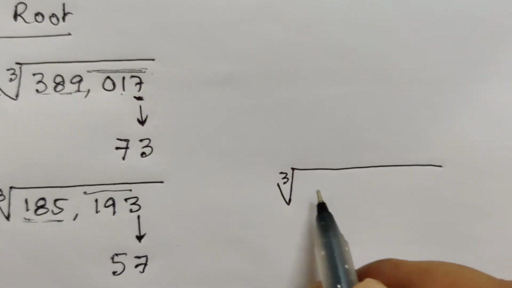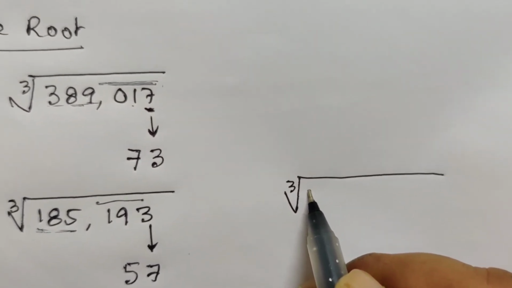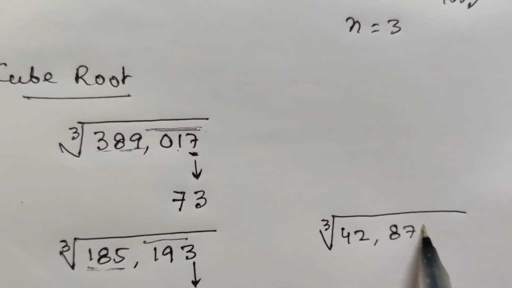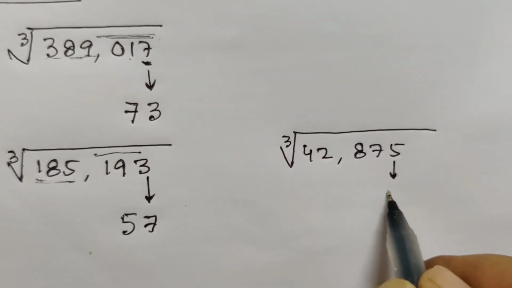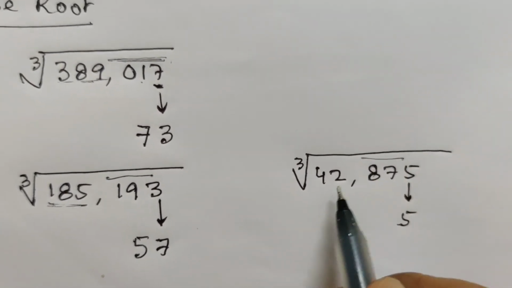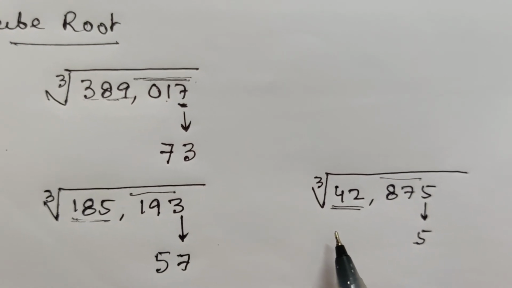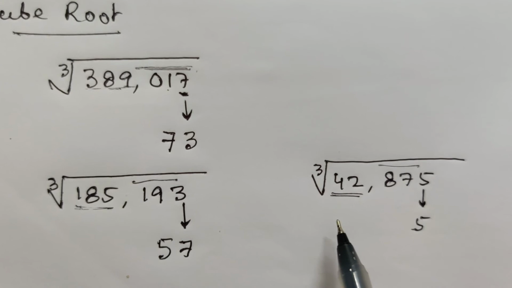Next is this. We are coming to 42875. Here the last digit is 5, so our answer remains 5, no change. Leave this part, come to this 42. Now 42, we know that the cube of 3 is 27 and the cube of 4 is 64.